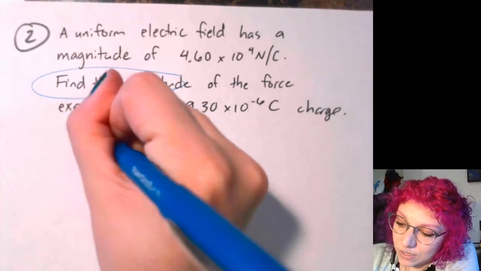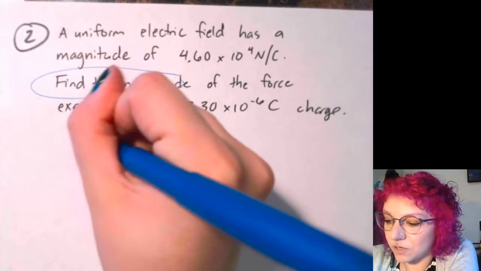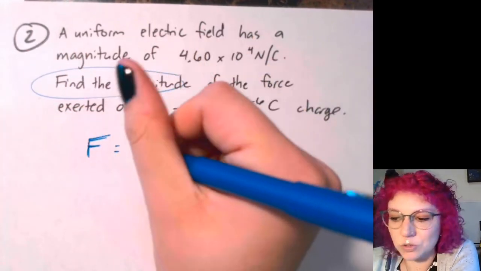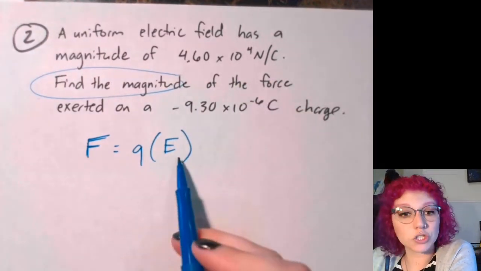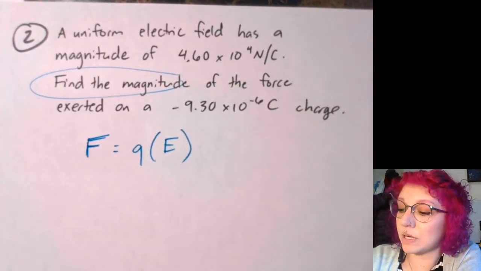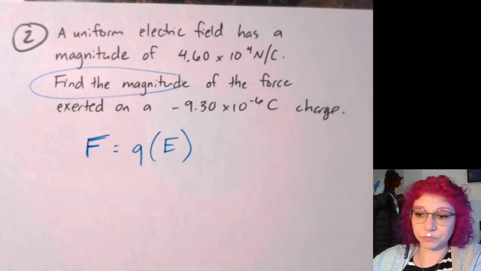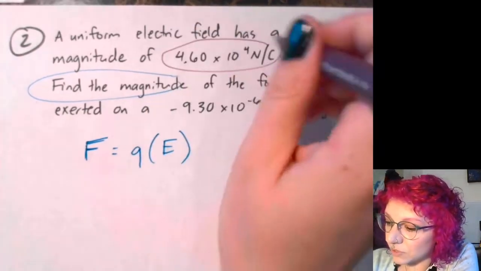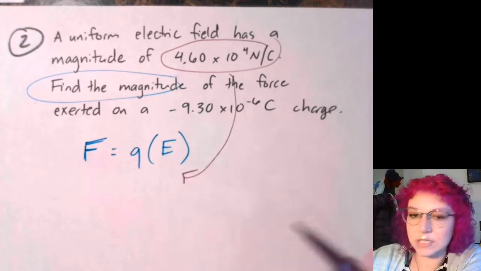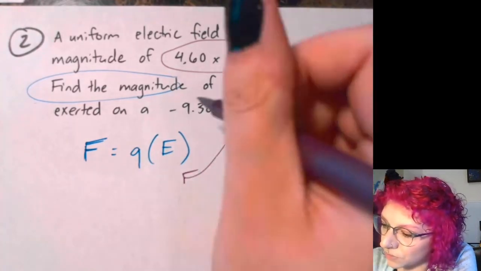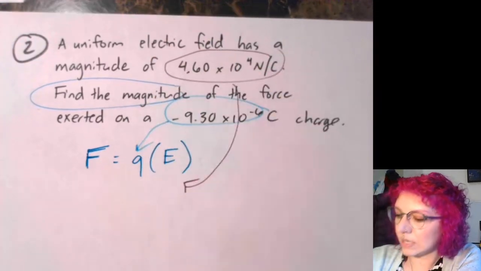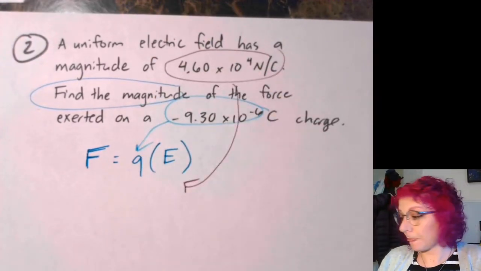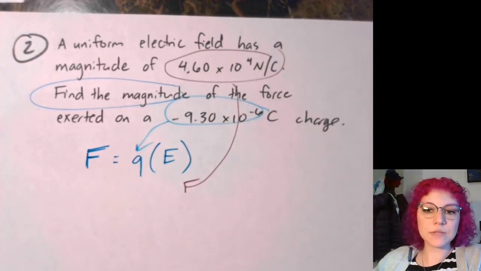I gave you in the last set that the equation for the force is equal to Q, the charge, times the field. So that's what I'm going to do. I'm going to plug and chug. We know that the electric field is 4.6 times 10 to the fourth, and we know that the charge is negative 9.3 times 10 to the minus 6. I'm going to plug those values in.